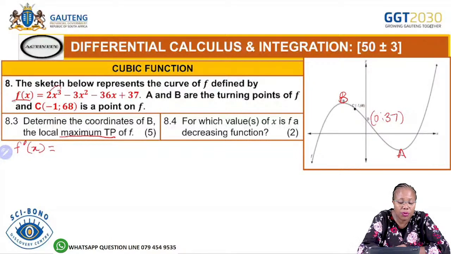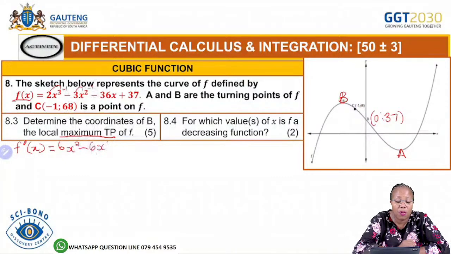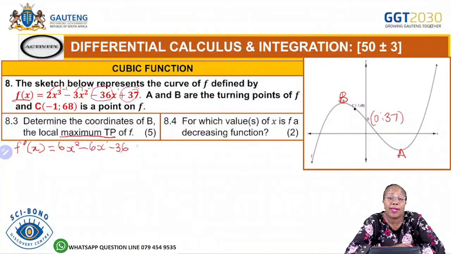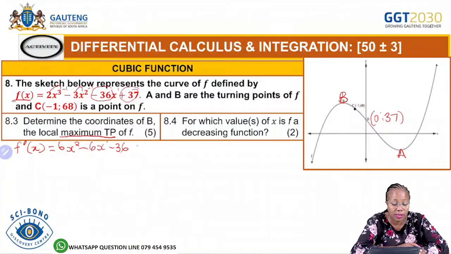This will be 3 times 2, that is 6x, and we subtract 1 from the exponent to the power 2. 2 times minus 3 is minus 6, minus 1 from the exponent is x to the power 1. And then the x to the power 1 original, we take minus 36 as a derivative. If it's a constant number, the derivative will be 0. We don't write that. We know that it is 0.